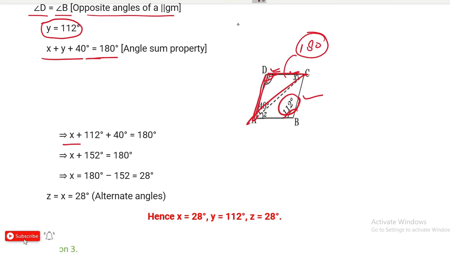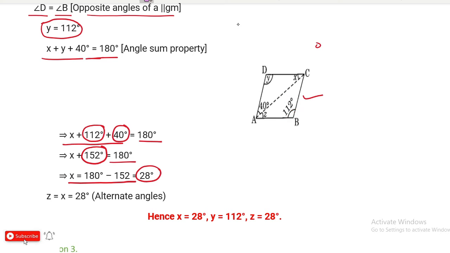Now put the value of y. x plus y, the value of y is 112, plus 40 is equal to 180. Once we add 112 plus 40, it gives us 152. So x plus 152 is equal to 180. Then x is equal to 180 minus 152, and this is equal to 28, and it is the value of x.